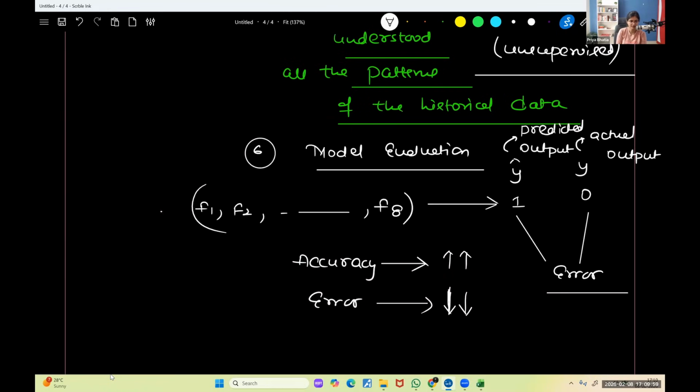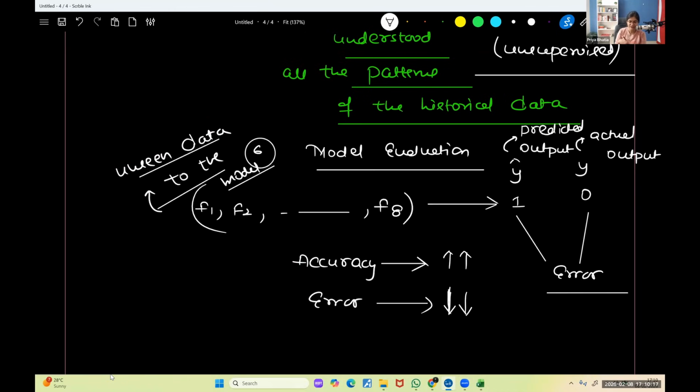Exactly. Over here, we give unseen data to the model to check how it is behaving. It's like I'm training you right now, but tomorrow I will give you one exam.